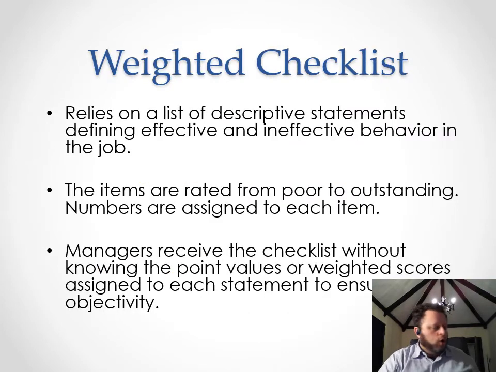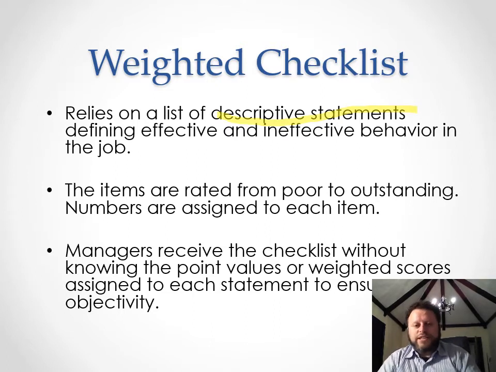Next, weighted checklist. Now this one is very common, one of the most common. Not the most, but quite close. So a weighted checklist is where you would have a list of descriptive statements. So let me give an example.